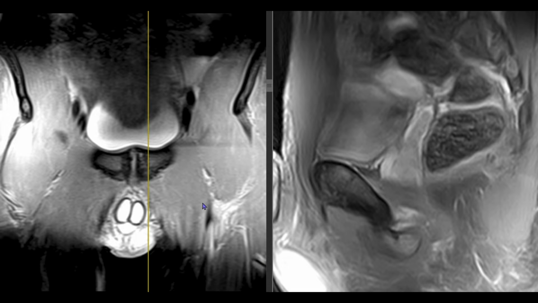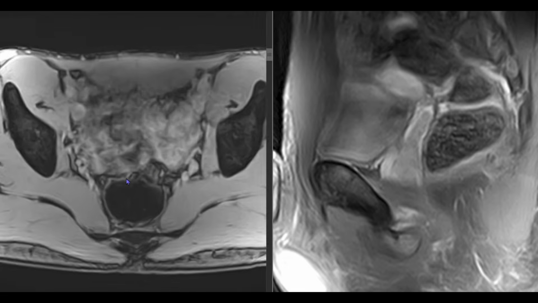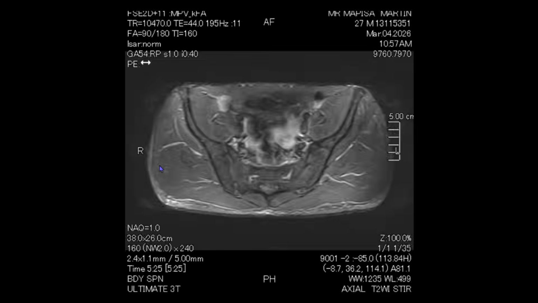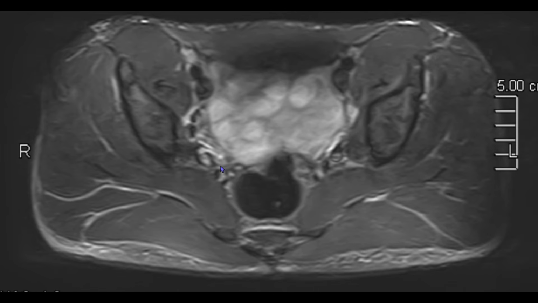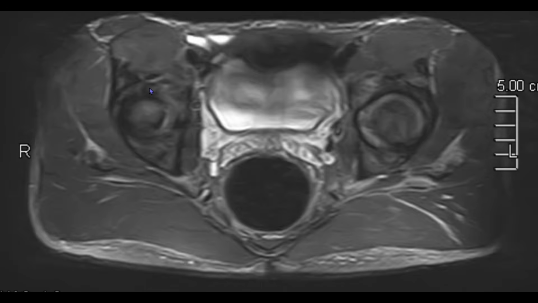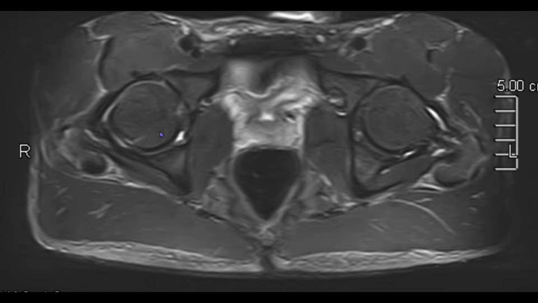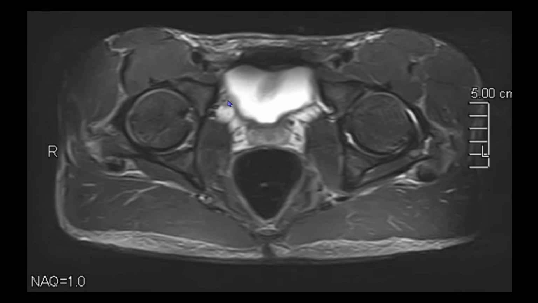And one interesting finding which I have seen in this patient is the right-sided rectus femoris insertion. This tendon appears thickened on the right side compared to that on the left side.